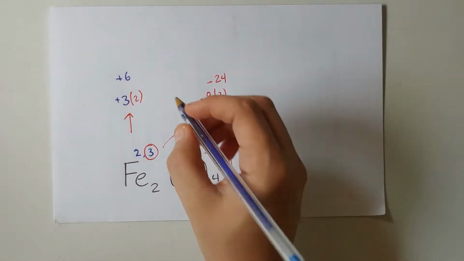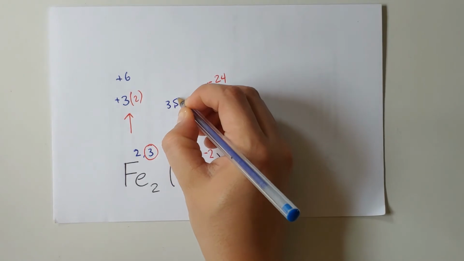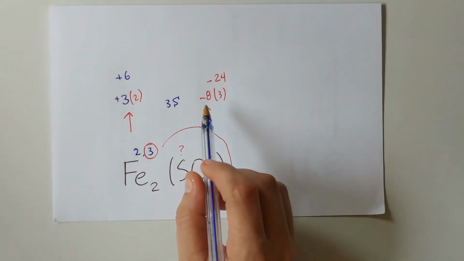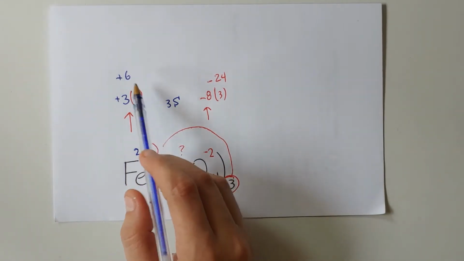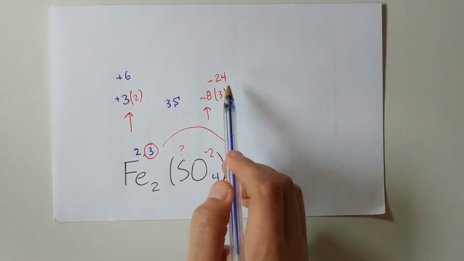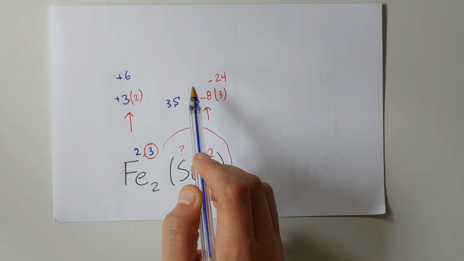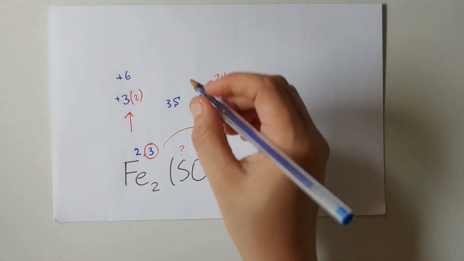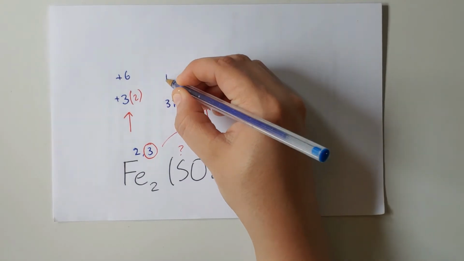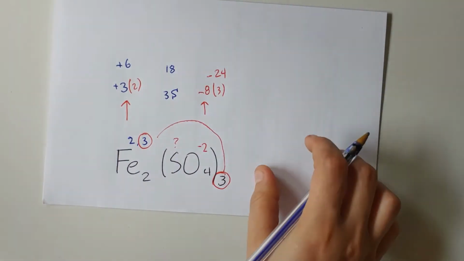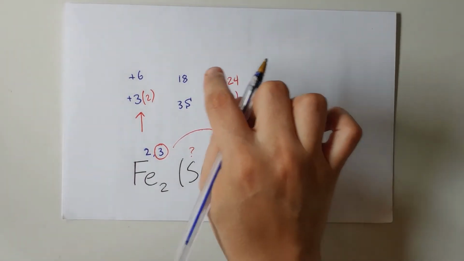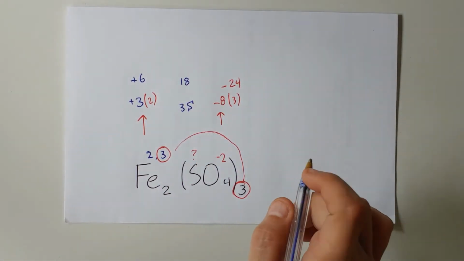Now, what number do I need sulfur to be? Take a look. Here I have 6, and here I have 24. So in order to balance all this, I need 3S equal to 18, because 18 plus 6 gives me 24, or 24 minus 6 is 18.